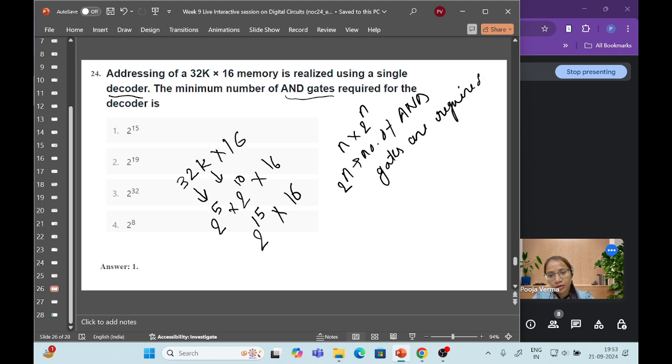If we compare this, n is equal to 15. So total how many? That is 2 to the power 15 AND gates are required.